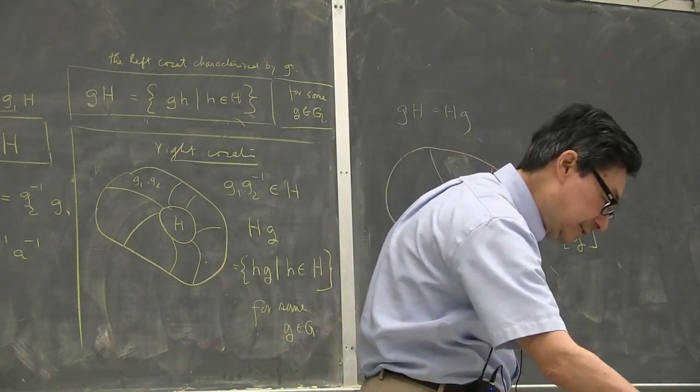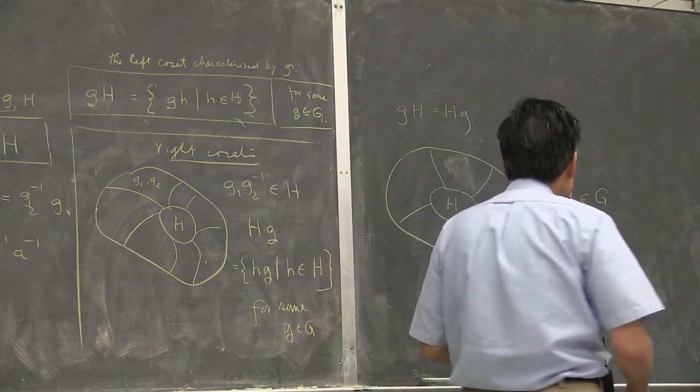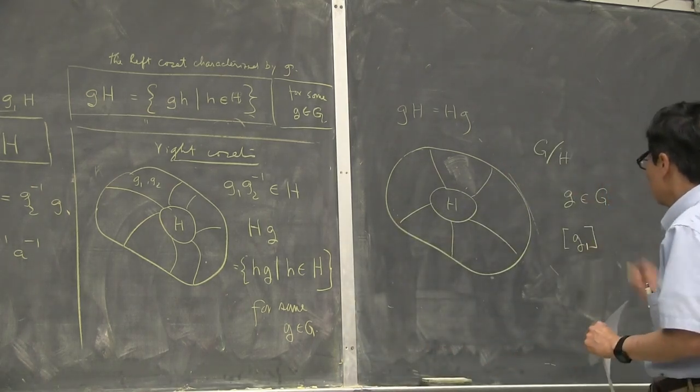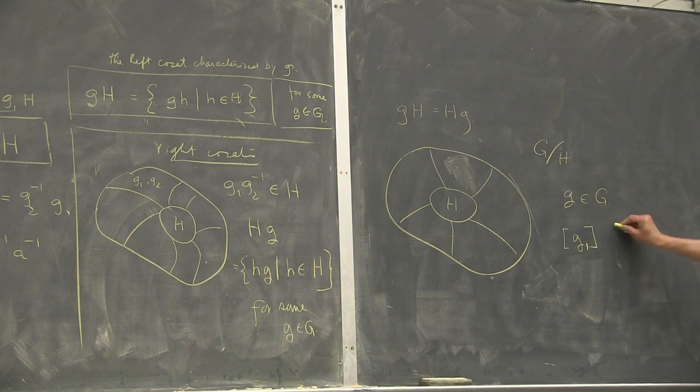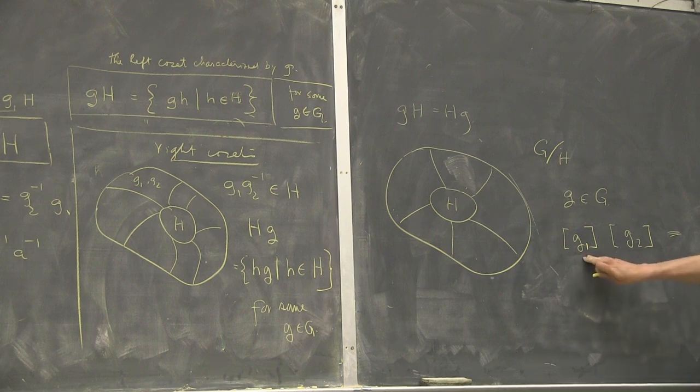And supposing I have another coset. Now let me say one coset is characterized by g1, and another coset is characterized by g2, okay? So this is a whole coset, this is a whole coset. So now let me just define a multiplication such that this coset multiplied by this coset gives me another coset.